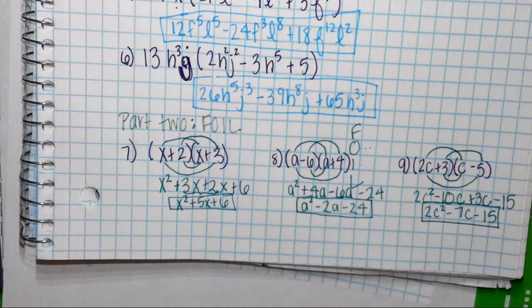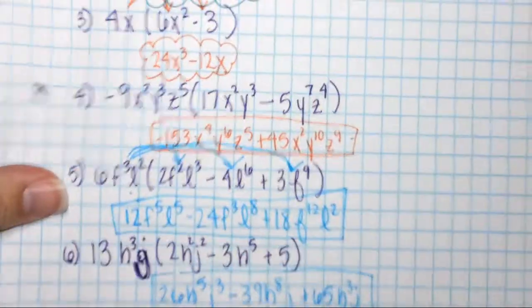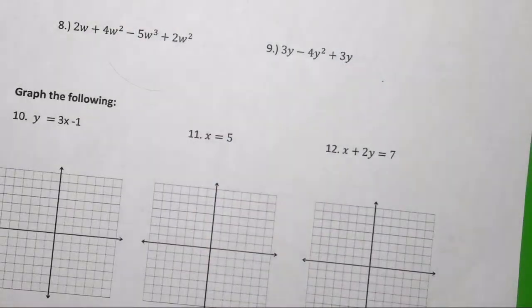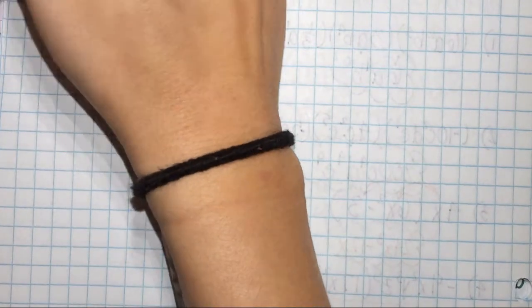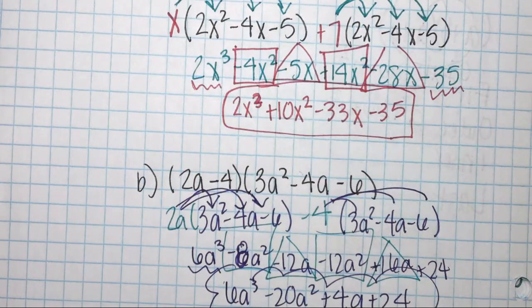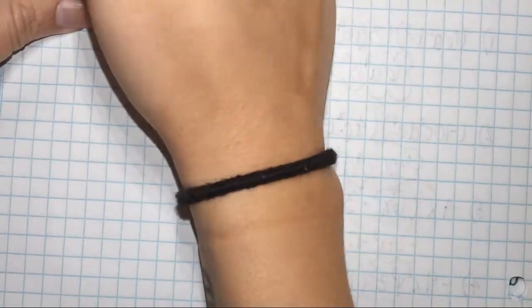Are you ready to try one without me? Yes, sure. I have no more room on this page, so I'm going to the next page. If you have room, keep working, but I'm going to 59D. All right, this was number 10.